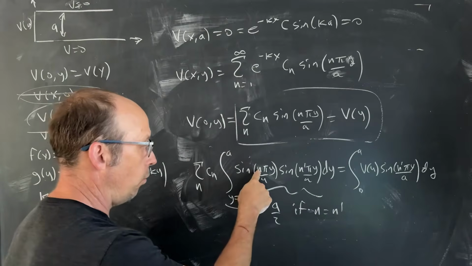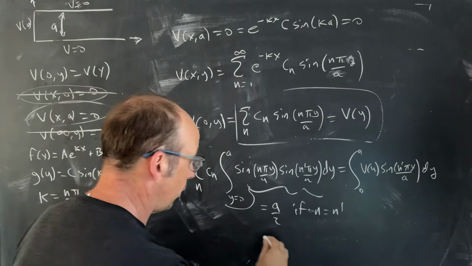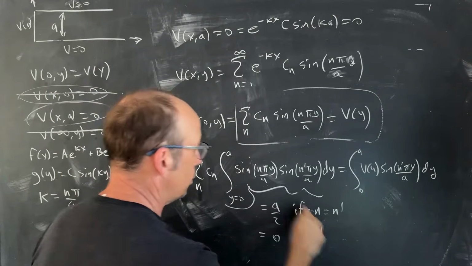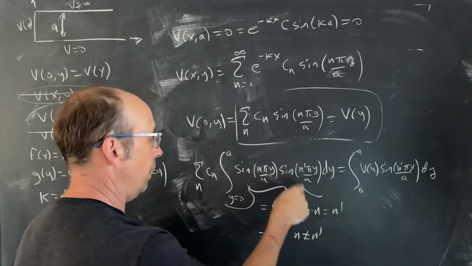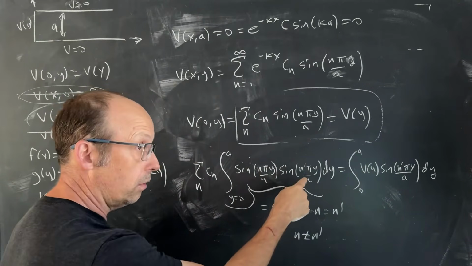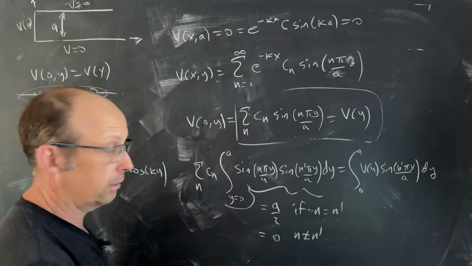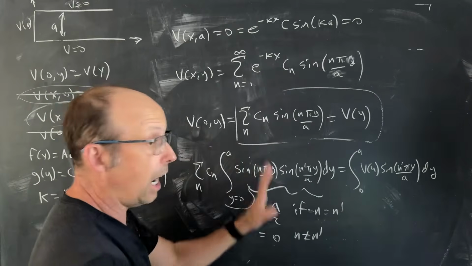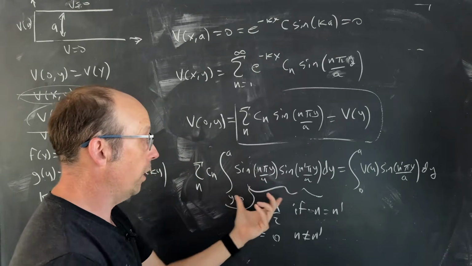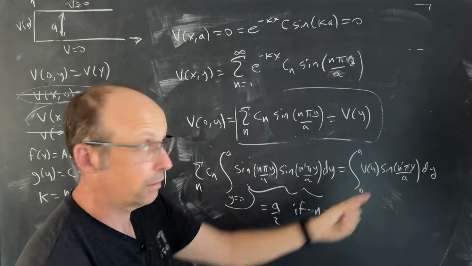So if I have 1 and 1 or 2 and 2, it doesn't really matter, I get a over 2. However, it's equal to 0 if n is not equal to n prime. So 1 and 2, I get 0. 1 and 3, I get 0. So it's only non-zero if the n's are the same. So this whole integral is just going to be a over 2. This whole integral, we're just going to leave it.